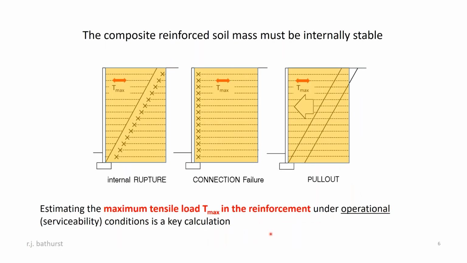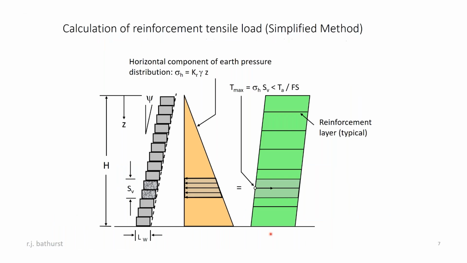So returning then to how do we calculate the maximum tensile load? The essential concepts are shown here. Imagine we have a retaining wall facing here, and acting on the back of it is a distribution of lateral earth pressure. If we believe that that pressure was a Rankine type or a Coulomb type, then it's triangular in shape. And the job of each reinforcement layer is to carry a portion of that distribution.